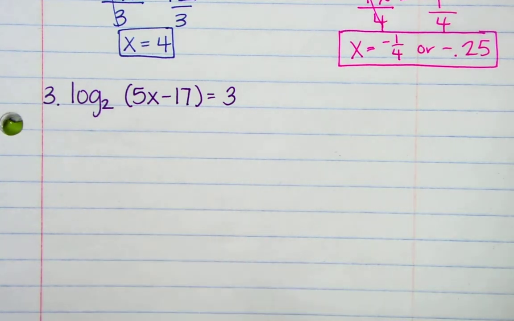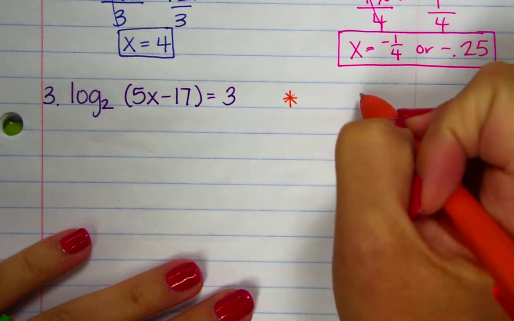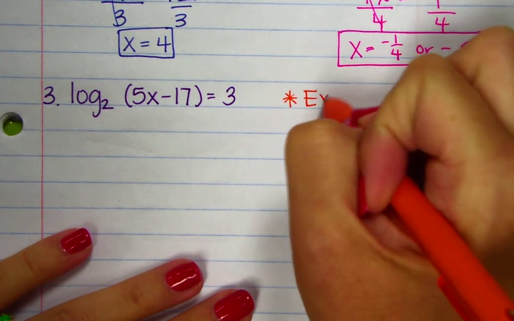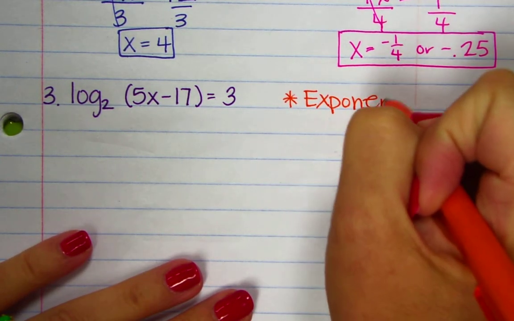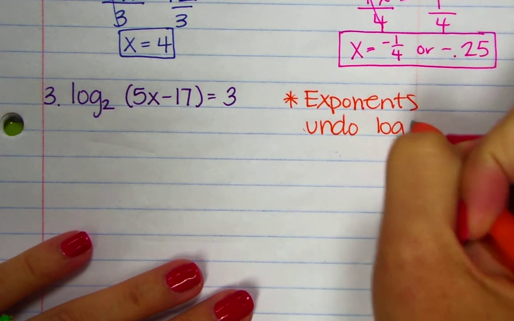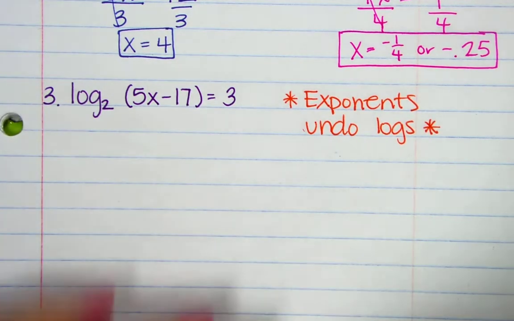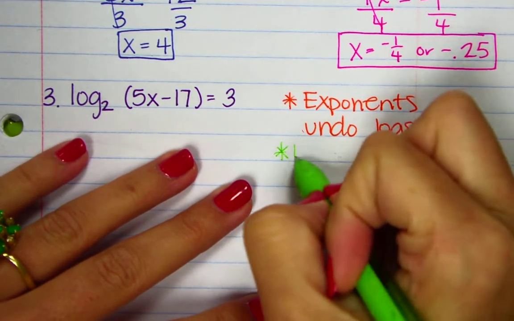So we're going to do kind of like we did last time where we learned a new rule. Logs undo exponents, and also exponents undo logs. They go back and forth. So exponents undo logs, so we're going to do something, a new word called exponential.